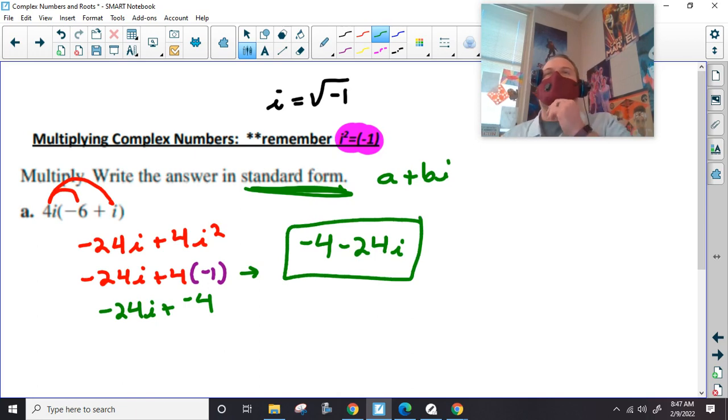Now, I'll double check, because if the directions don't say standard form, then you don't have to worry about it. But I've had students on the test who get everything else right, but don't put it in standard form, and I've counted it right.